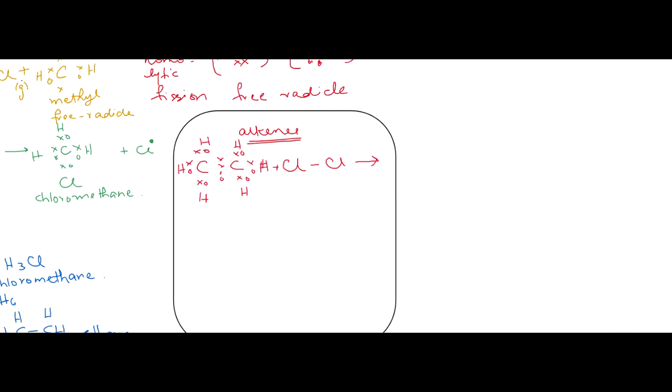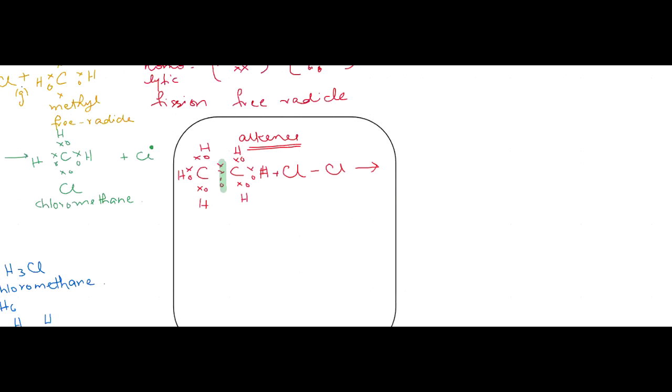So you can see that between the two carbon atoms, there are two shared pairs of electrons. This is one pair and this is one pair. So you've got two shared pairs of electrons between the two carbon atoms. That is exactly what a double bond means.